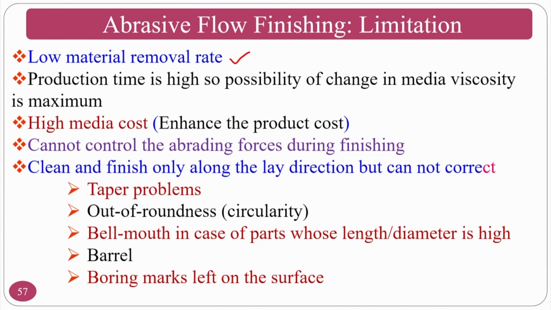In machining, you see how much material I am removing per unit time, but you do not see the same thing in finishing operations. Whatever little material is removed, no bother; what matters is the final surface I have achieved. That is the challenge, and that can be achieved by the abrasive flow finishing process.